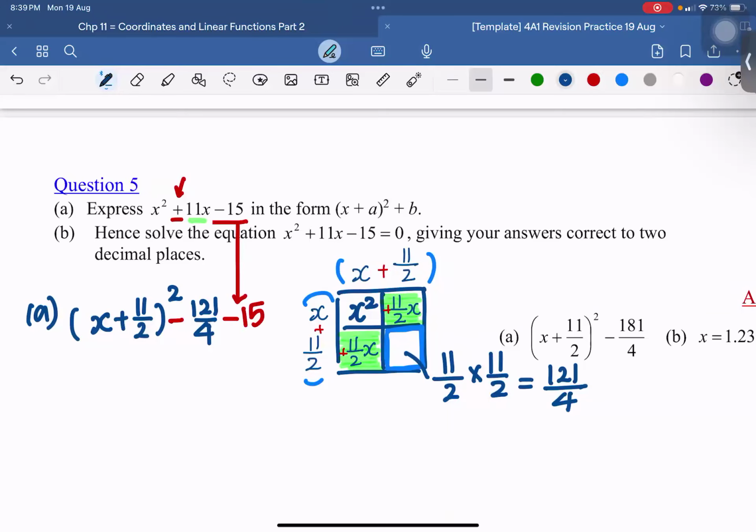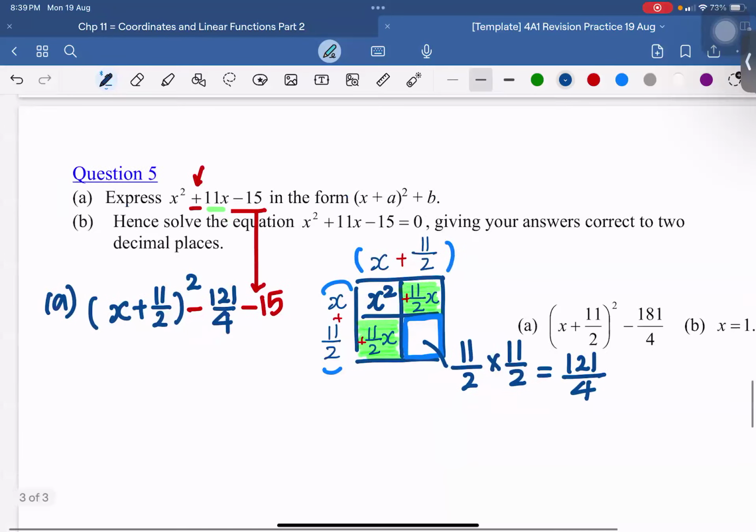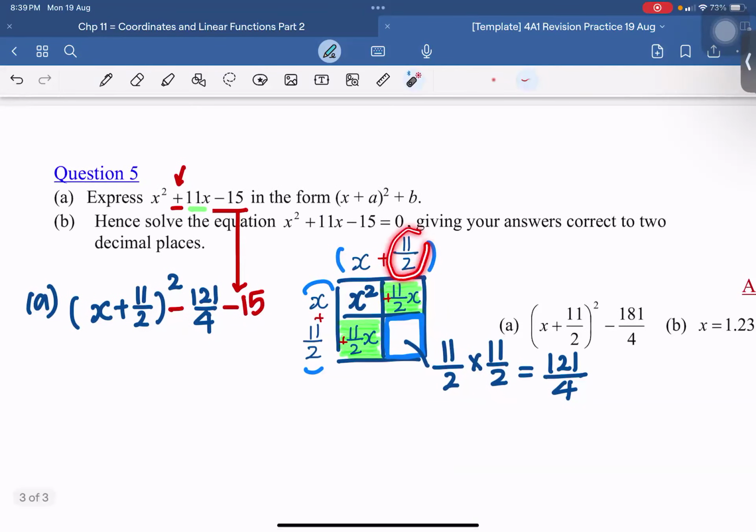Okay. Can you understand this portion? Why I need to minus and how I get 121 over 4? Okay, can or not? The 121 over 4 comes from 11 over 2 times 11 over 2. Whatever this number is, you square that number. Then now we simplify x plus 11 over 2 square.